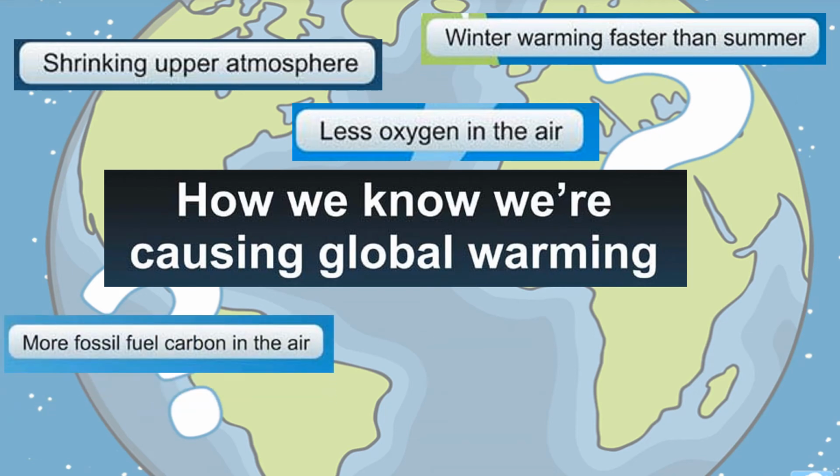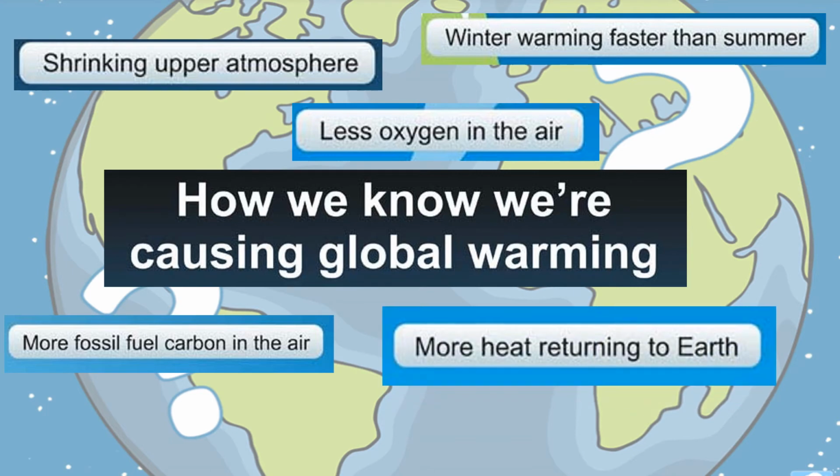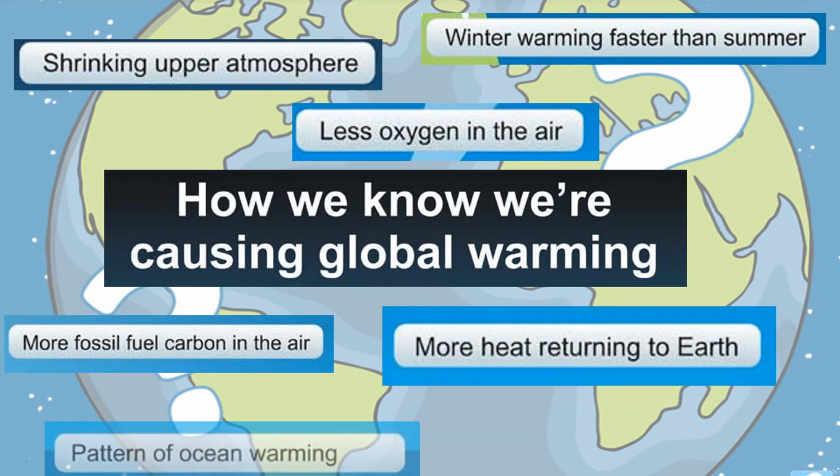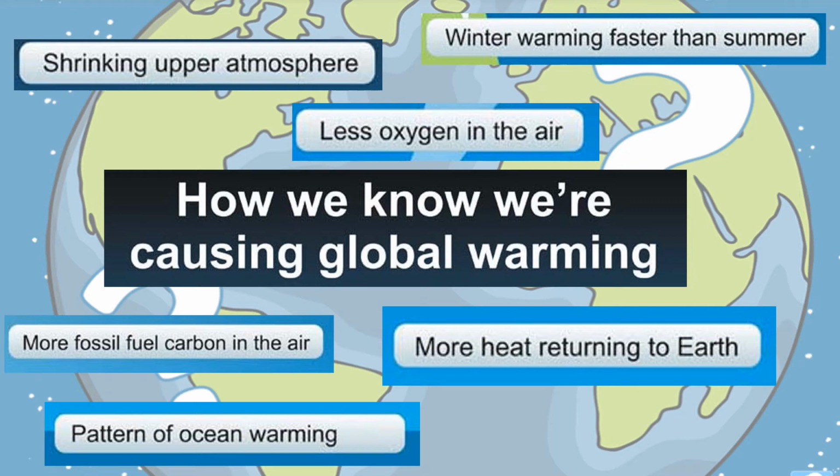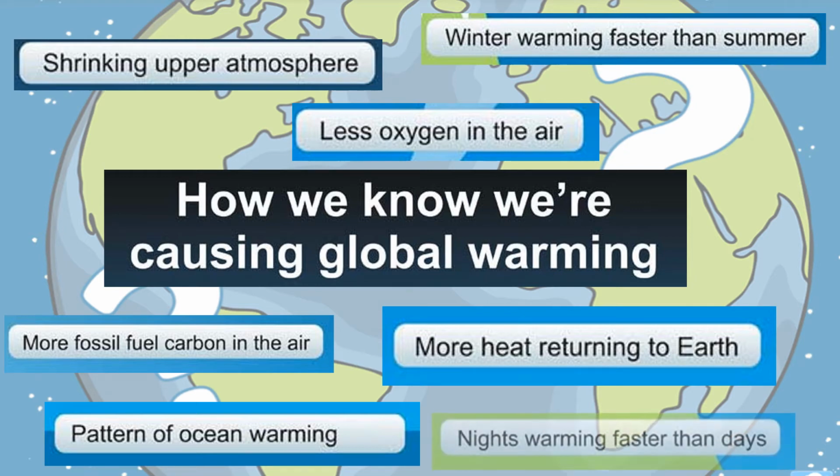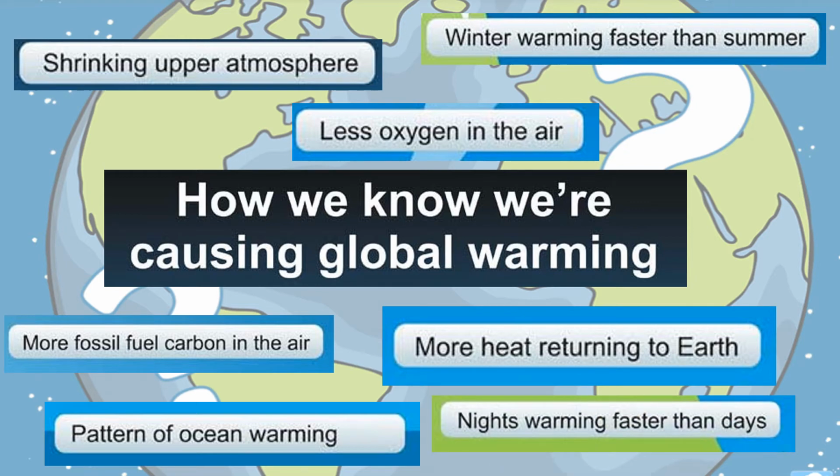More fossil fuel carbon is present in the air. The amount of carbon that is being burnt by fossil fuels is increasing day by day in air and water. More heat is returning to the earth, and the oceans are warming. Nights are also warming faster than days.